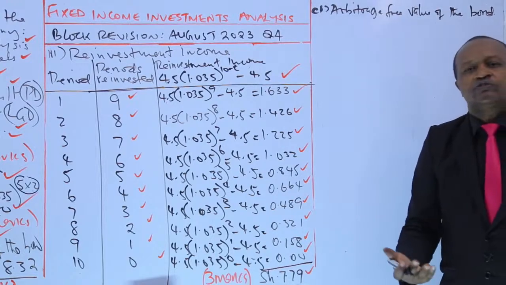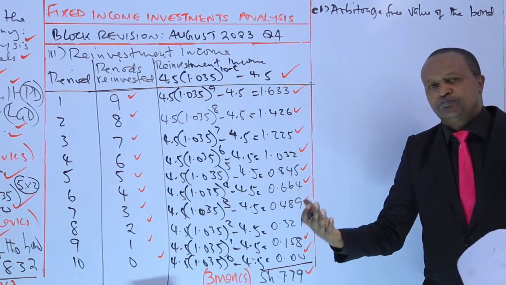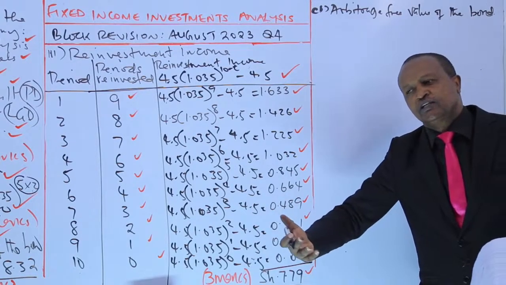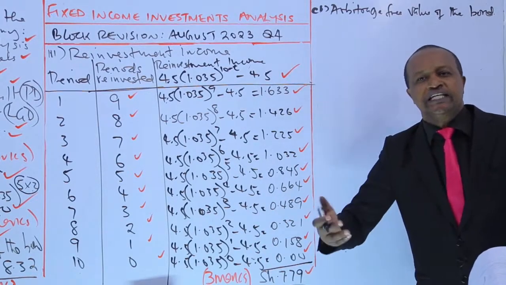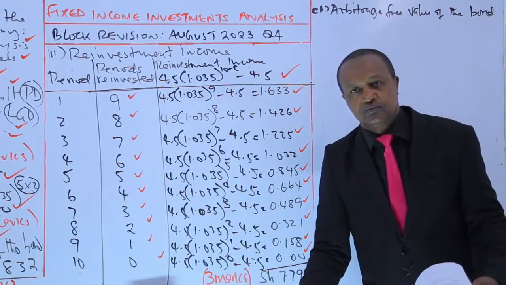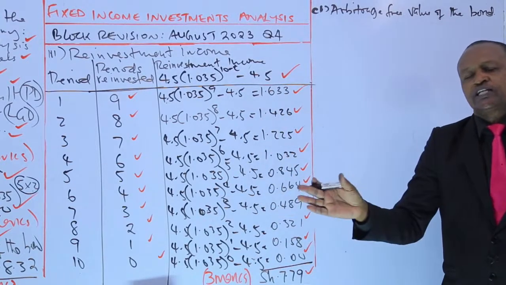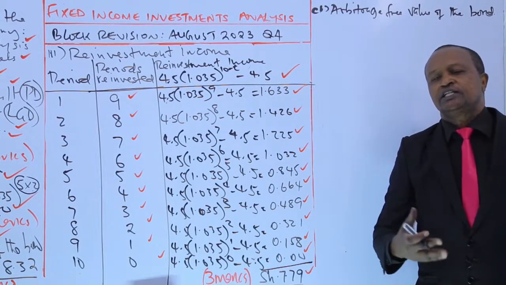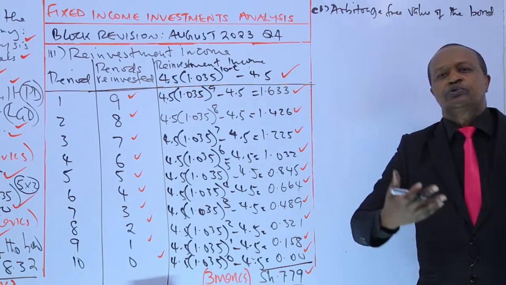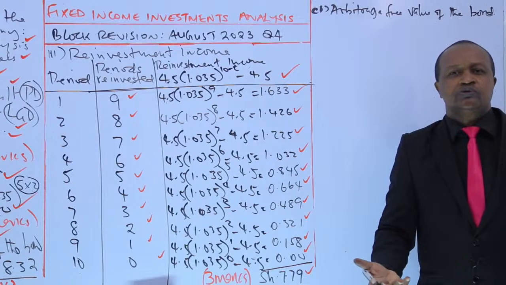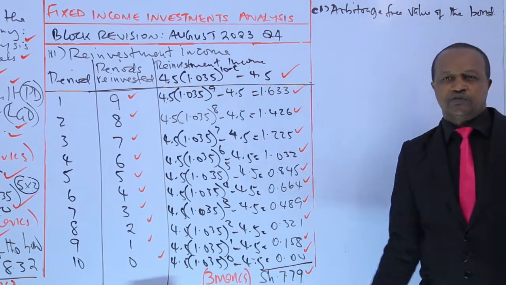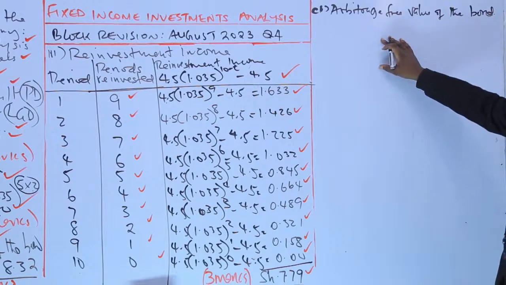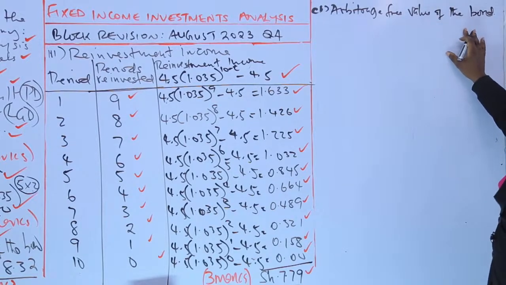So that's the meaning of the arbitrage-free value of a bond. It is the market price based on the present values of its expected future cash flows. So from that definition, you can get the formula. We will easily compute the present value of the expected future cash flows. The present value of the expected future cash flows will be the arbitrage-free value of the bond.